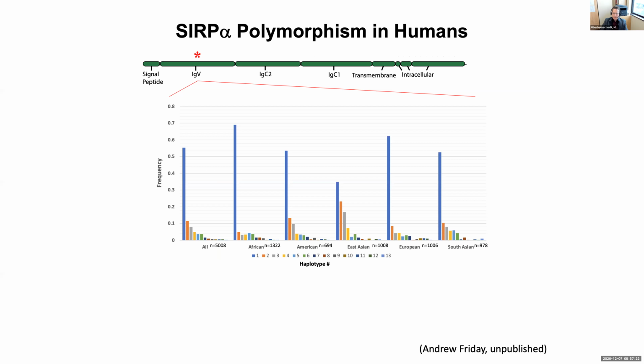Now, does it have any relevance to humans? We don't really know yet, but what we looked at is the 1000 Genomes Project, and there are more than 100 haplotypes of SIRP alpha. We listed here the 13 most common ones according to their ethnicity. So you can see that most humans have haplotype number 1 of SIRP alpha, and then there are some variations in which haplotypes are the most common and what percentage of the population will have those in other populations.